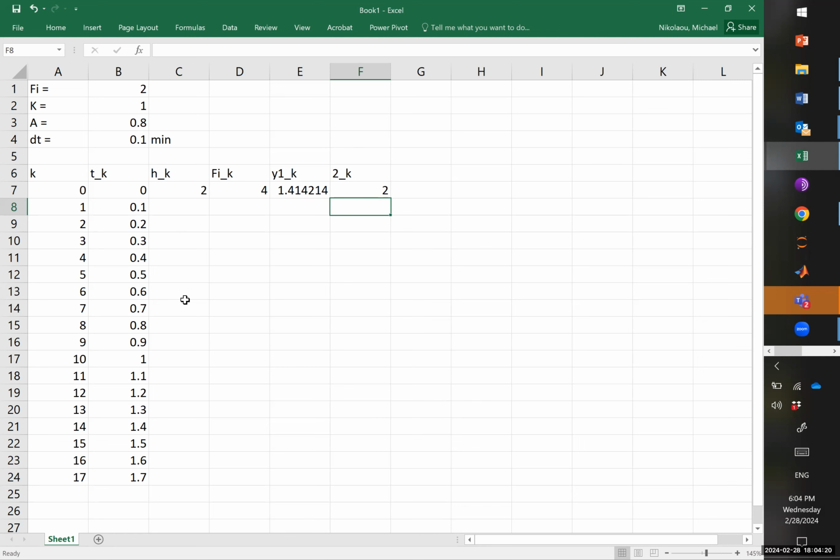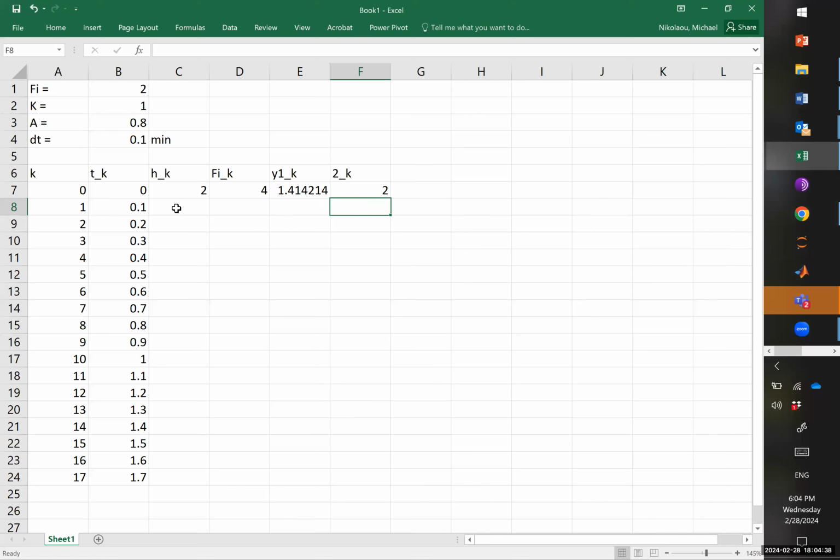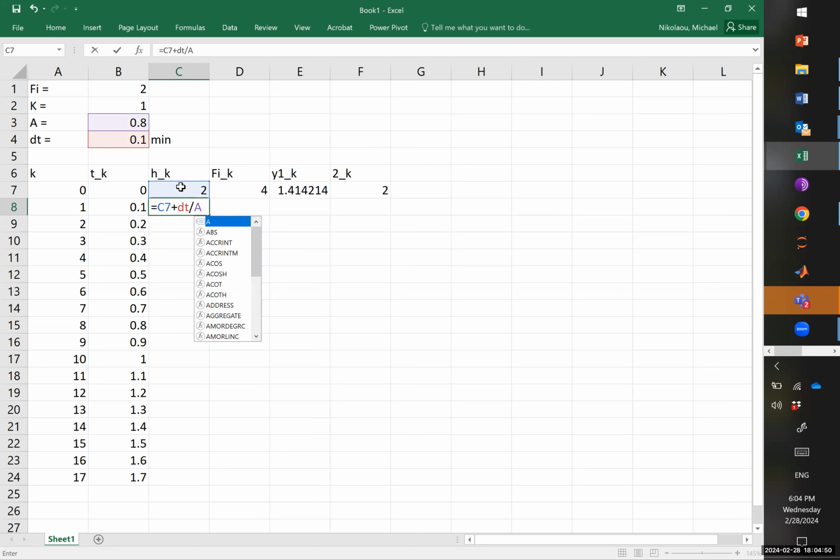Now, how HK evolves over time depends on this formula that says the next value is equal to the previous value plus delta T over A times the previous Fi minus K square root of the previous H. Let's put it all there. So it's equal to the previous H plus delta T over A multiplied by the previous Fi minus K times square root of the previous HK.